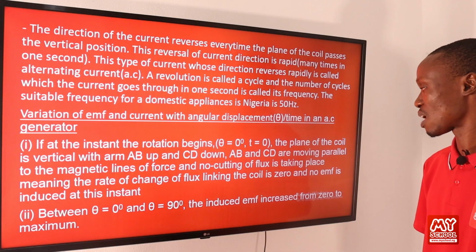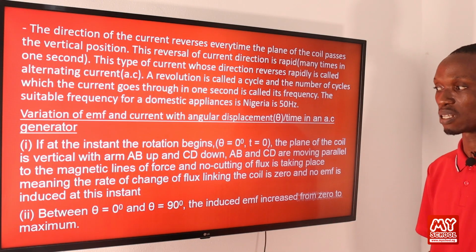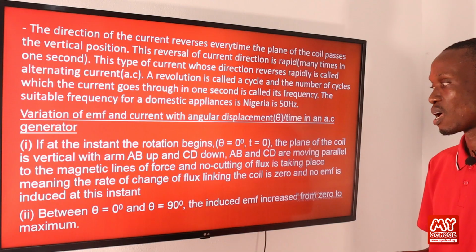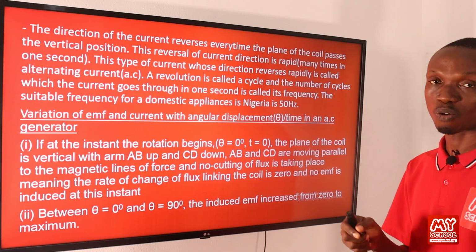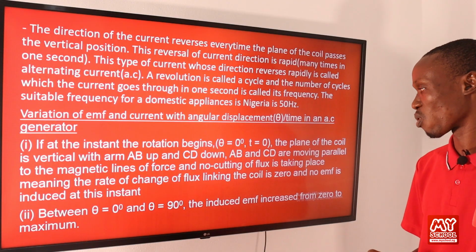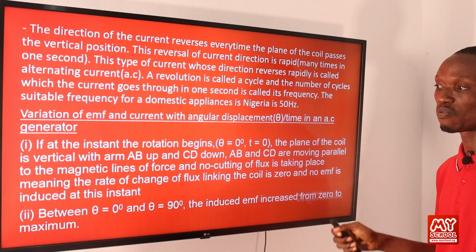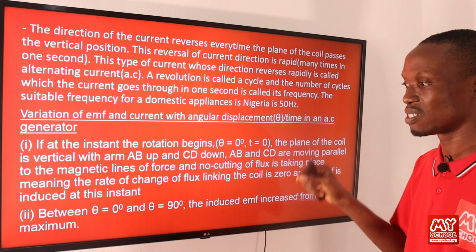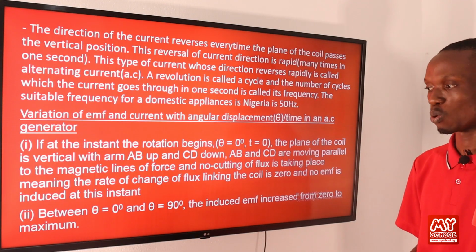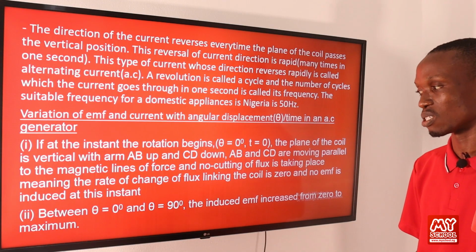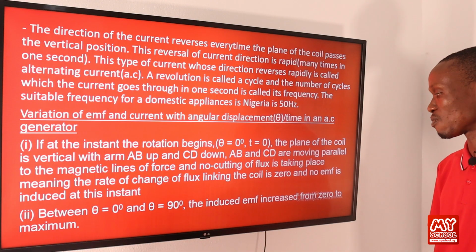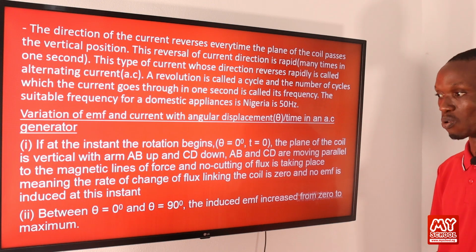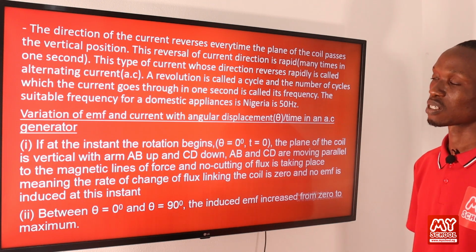AB and DC are moving parallel to the magnetic lines of force, and no cutting of flux is taking place, meaning the rate of change of flux linking the coil is 0 and no EMF is induced at this instant. Then number 2, between theta equals 0 degrees and theta equals 90 degrees, the induced EMF increases from 0 to maximum. Let's move to the next slide.